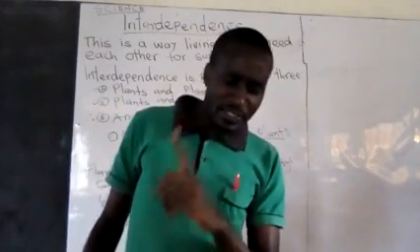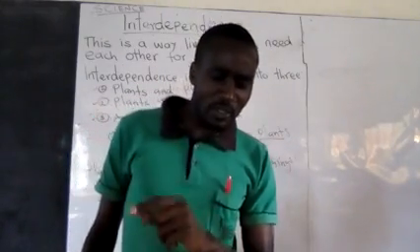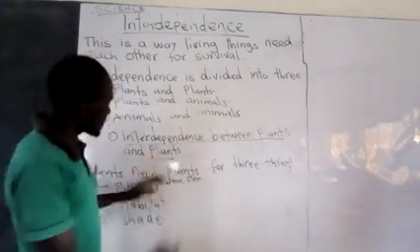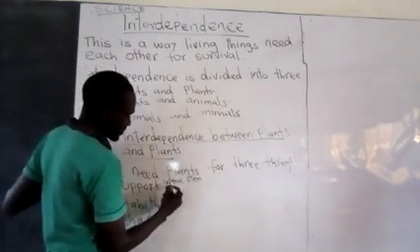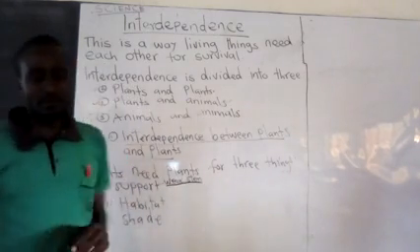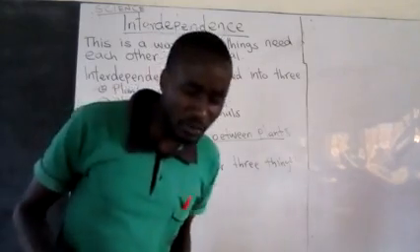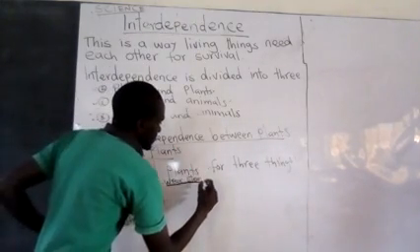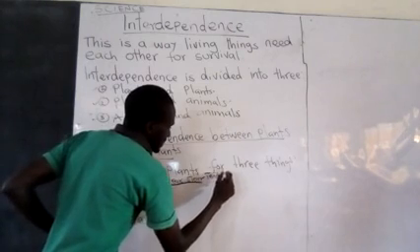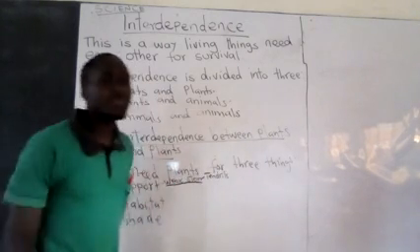Then plants need to grow upright in order to get sunlight, just the way I've told you. There are things these plants with weak stems use to support themselves on plants with strong stems. For example, we have something we call tendrils.